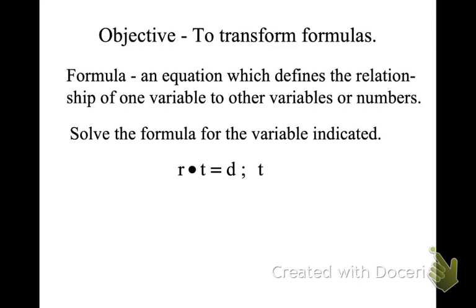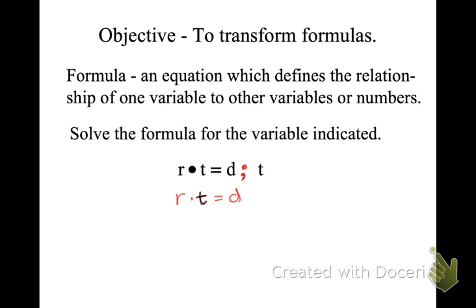So now what this means is the little colon right here means solve for t. That means get t alone. So we write down, do you know what this formula is? It's rate times time equals distance. So I'm trying to get that t all by itself.